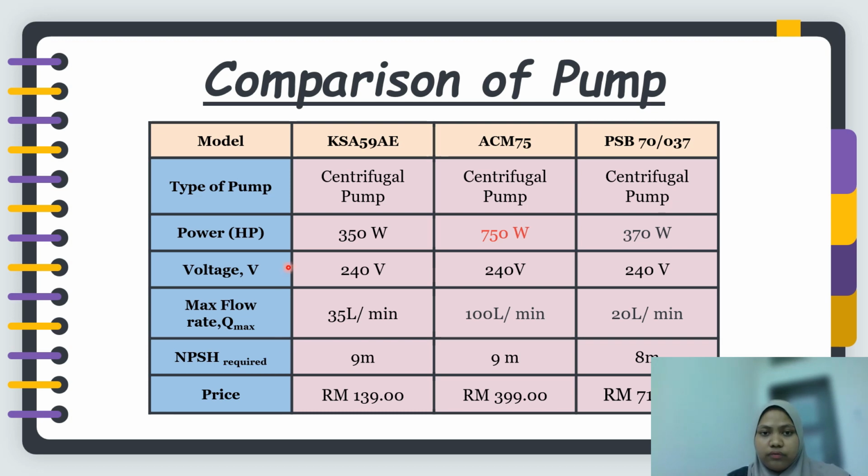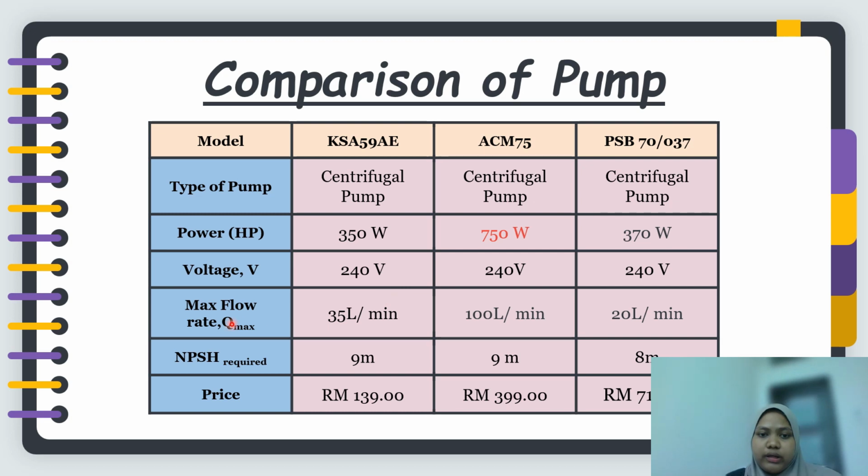The power for each model is, for the first model, 350 watts, second 750 watts, and third model 370 watts. All models have the same voltage, which is 240 volts.